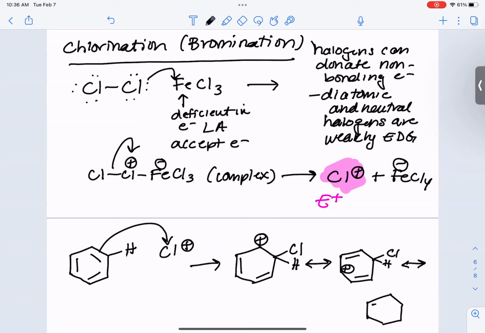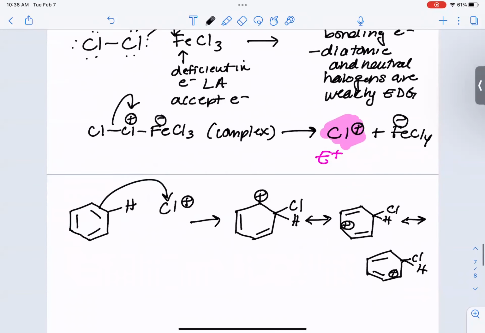But it doesn't go to the carbon with the electrophile. Our Lewis acid, well, now it's a base because it has electrons to donate.